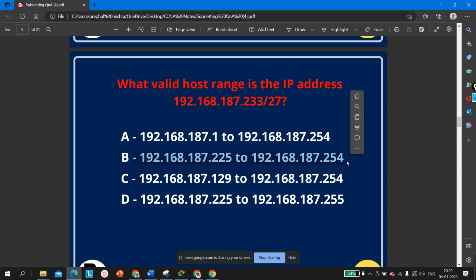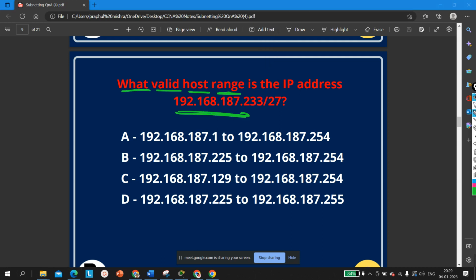IP address, what valid host range? It has to be either A, B or C, from the first valid IP address to the last IP address. 233 is in the last one, so it should be 225. So it should be B. Answer should be B.